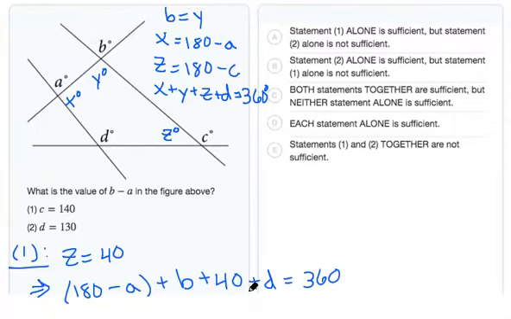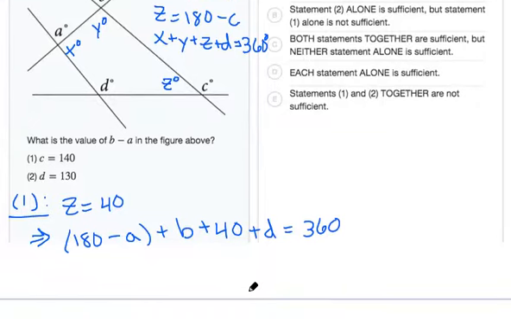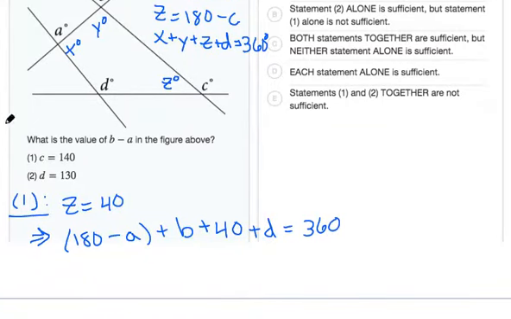We could simplify this with b minus a, leaving those terms on the left-hand side and moving everything else to the right-hand side. We'd end up with 140 minus d.